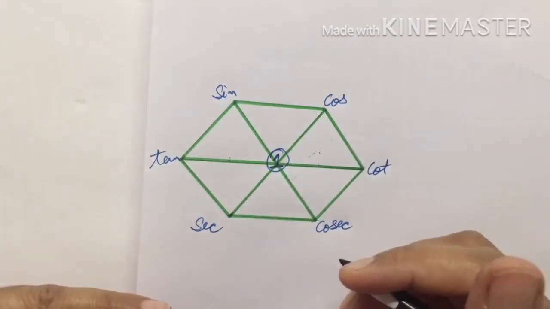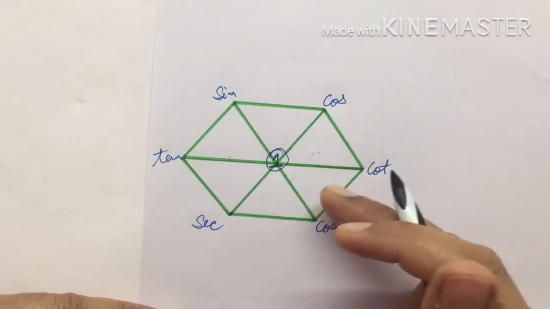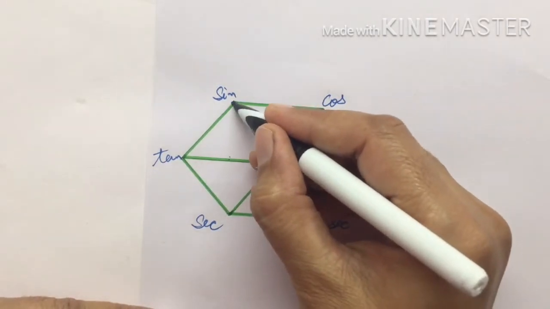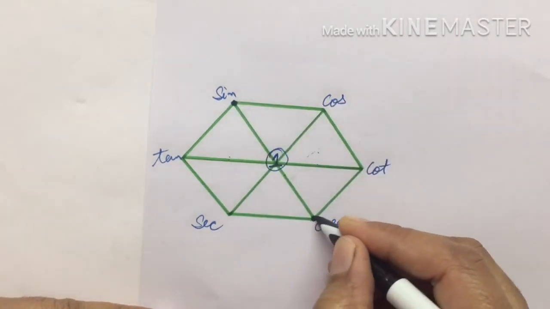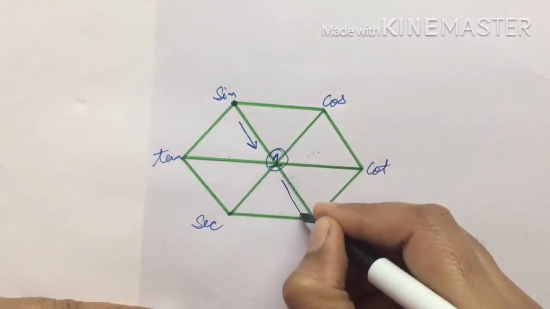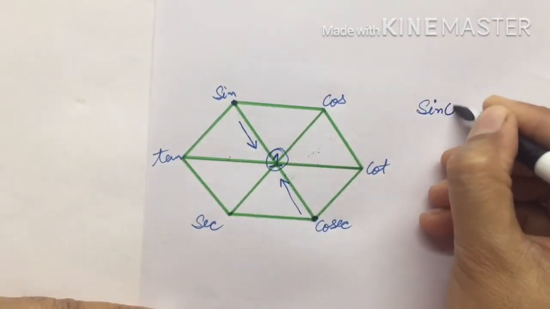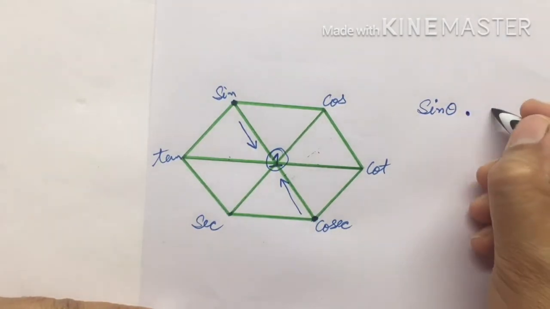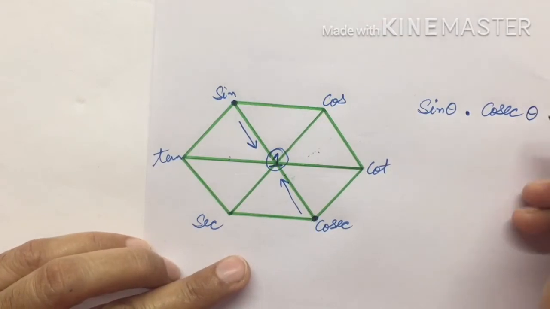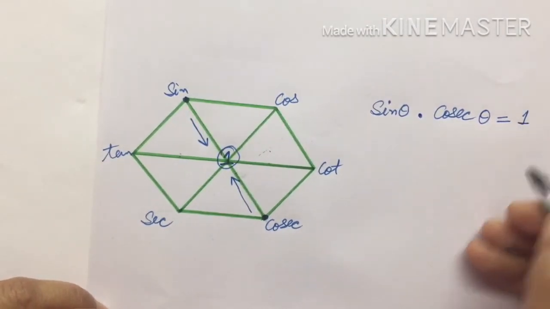So if we multiply the functions on opposite vertices, we will get 1. This is the opposite vertex: sine, opposite of that is cosecant. If we multiply these two, sine theta multiplied by cosecant theta, the reciprocal of sine, is equal to 1.